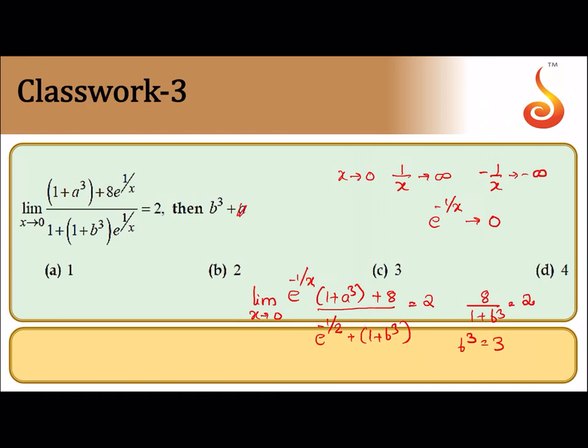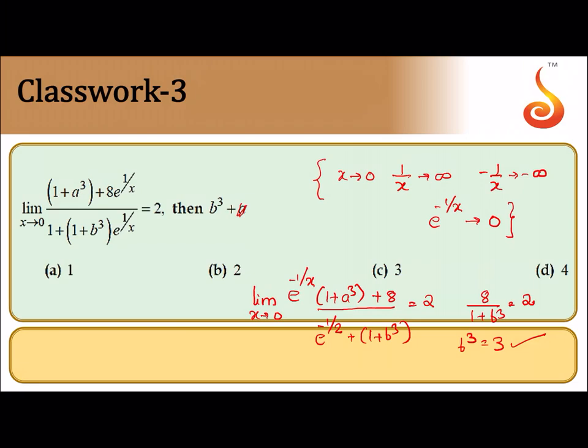So this will become 0, this will become 0. You get 8 by 1 plus b cube is equal to 2. So 1 plus b cube is equal to 4, so b cube is equal to 3.